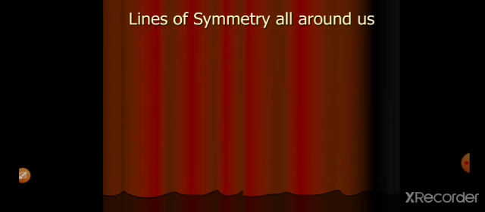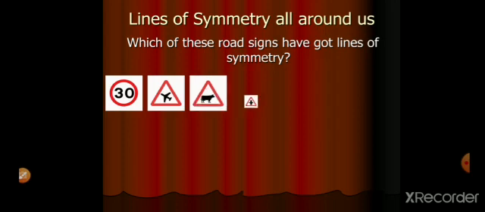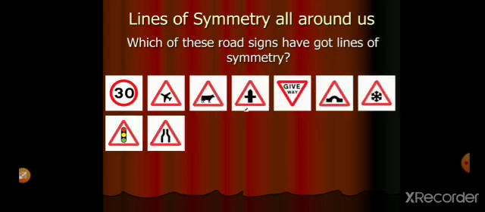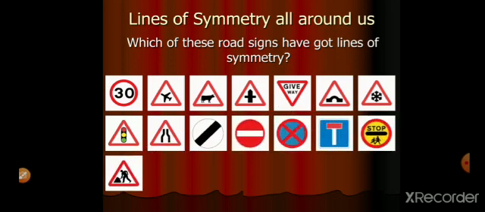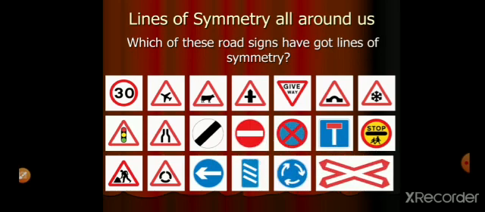Lines of symmetry all around us. Now, which of these road signs have a line of symmetry? Here some symbols are shown, and try to find which have a line of symmetry. Look, first, second.